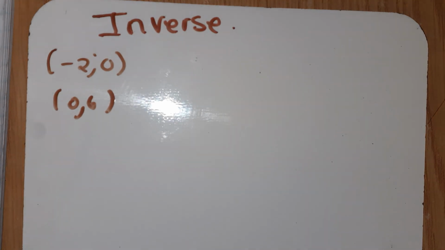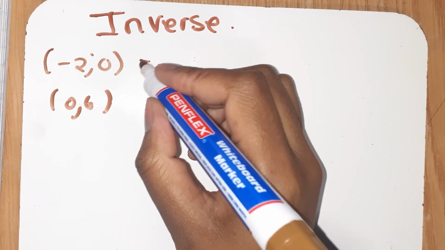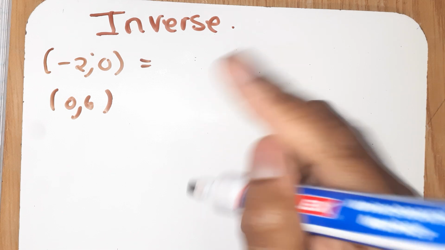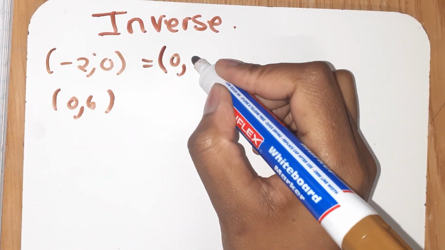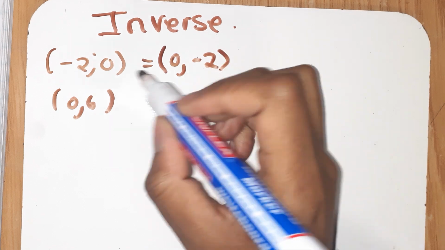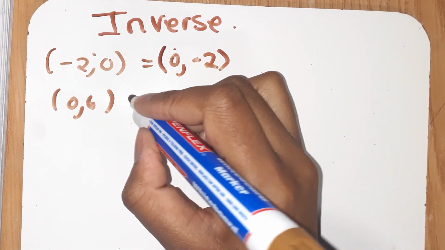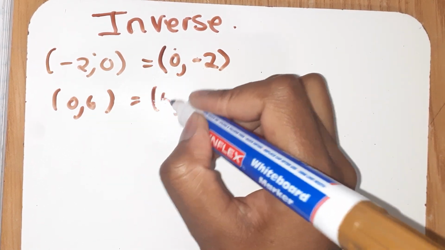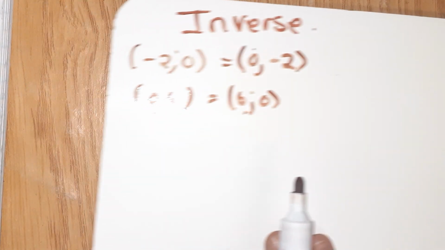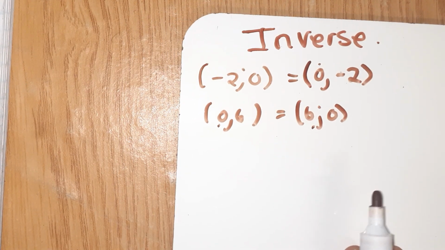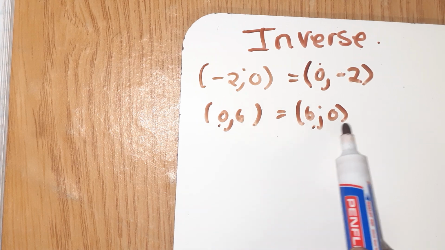Let's talk inverse. So inverse means x becomes y, y becomes x. So the inverse of those coordinates is 0 and negative 2. So x becomes y and y becomes x, and the inverse of this is 6 and 0. X was 0, now x is 6, and then y was 6, and now y is 0.